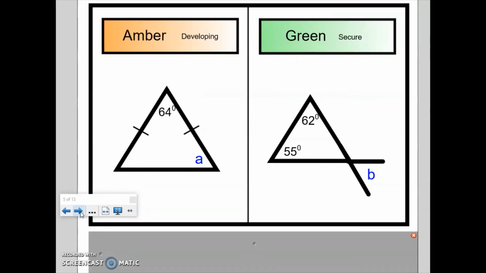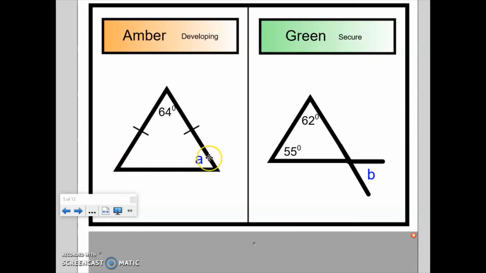Okay, so two slightly different questions, but we're still going to use the facts that we're aware of. In the first question here, we already know that angles within a triangle have to add up to 180 degrees. In this question, we have these two little dashes, which is now telling us that this is an isosceles triangle. That in turn tells us that the two base angles here and here have to be equal.